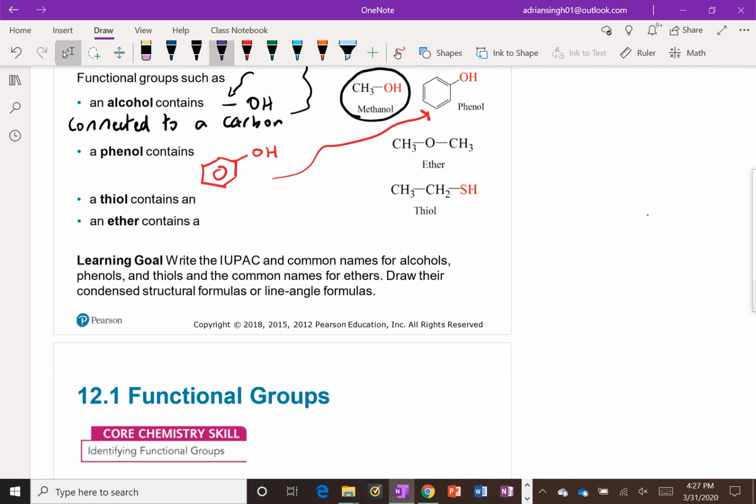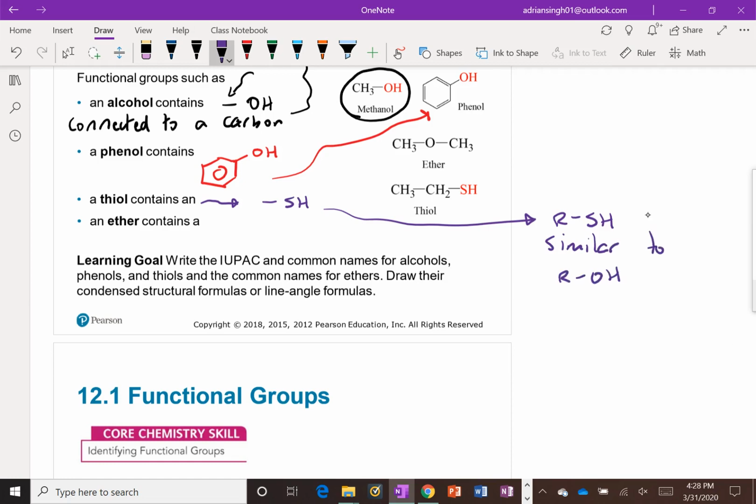Thiols contain sulfur in them, and specifically they're going to contain SH connected to an R group, right? So just like with the alcohols, we can write a thiol as RSH, where R represents any carbon containing group. You'll probably notice here that the thiol is similar to the alcohol, the ROH, right?